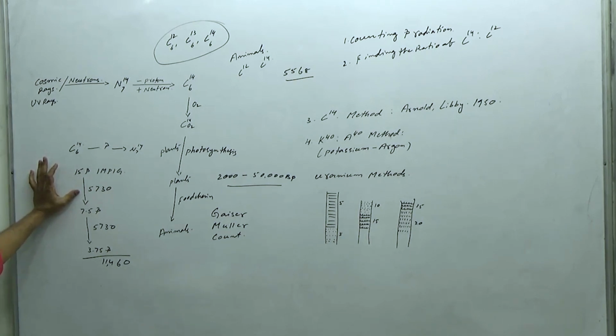After 5730 years, the number of beta radiations reduces to half. Due to this, it is known as half-life.